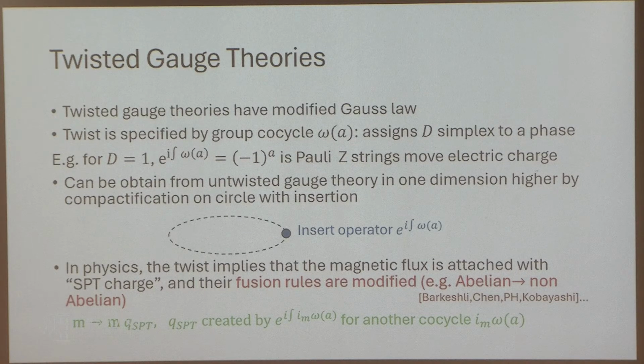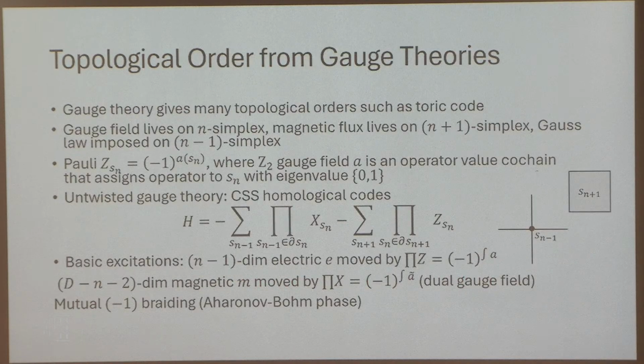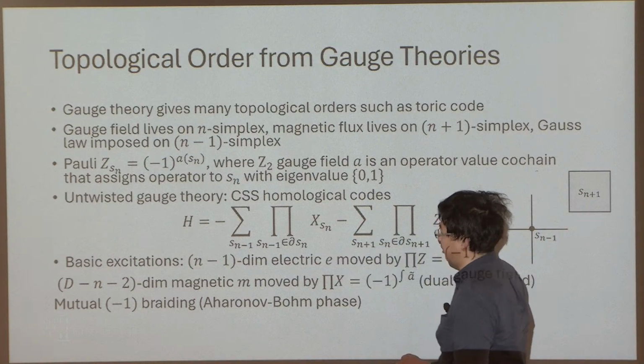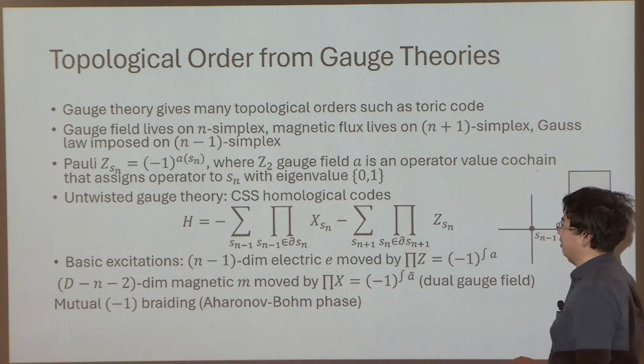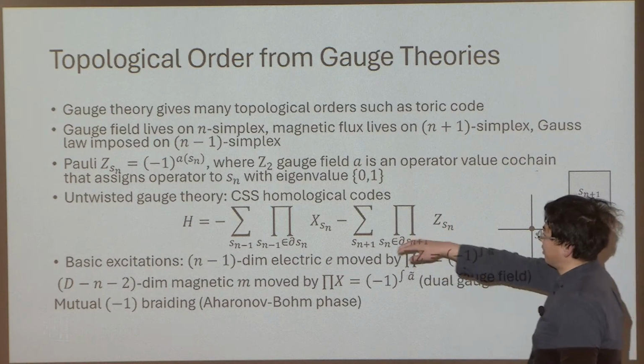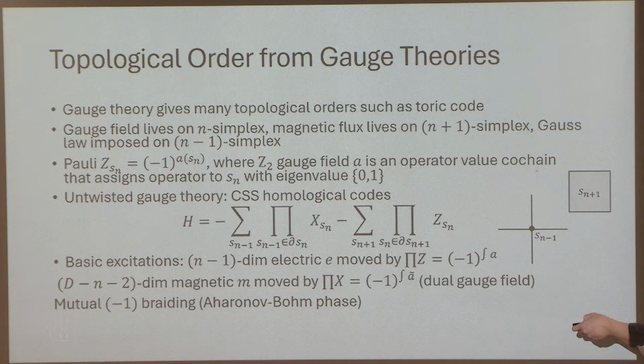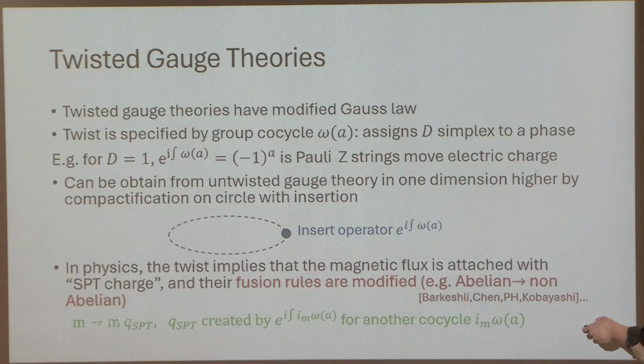Okay, so the gauge theory I'm considering is slightly more complicated than the previous one I showed. This gauge theory has a non-trivial topological twist. What that means is that I modify the X terms to include some other terms, such as Pauli Z or controlled-Z.